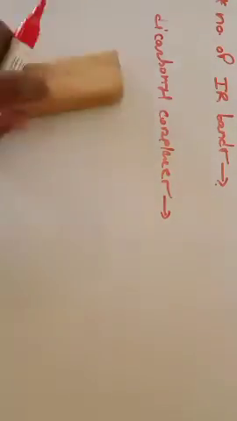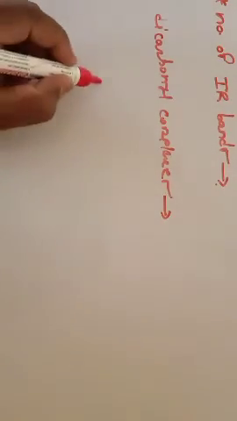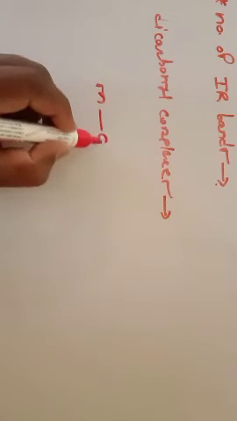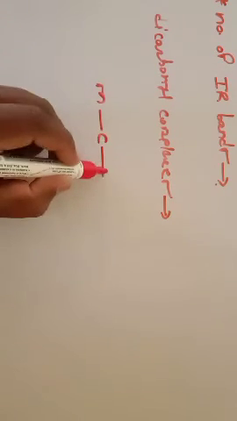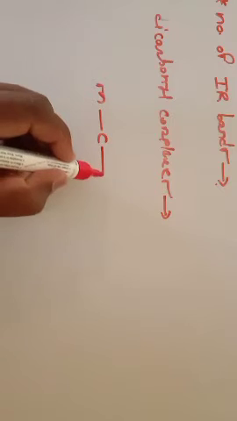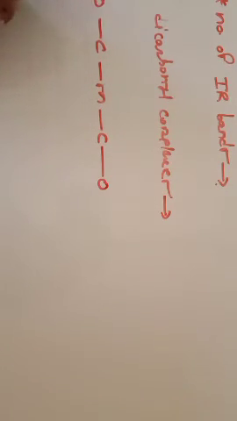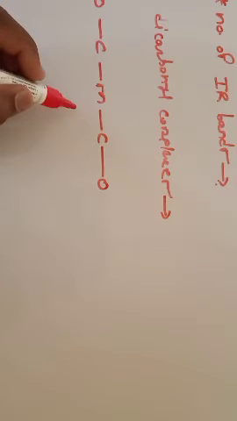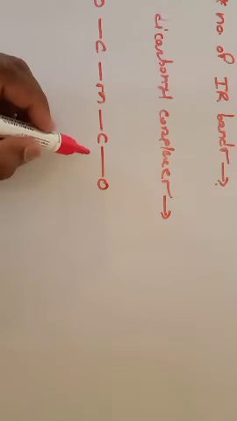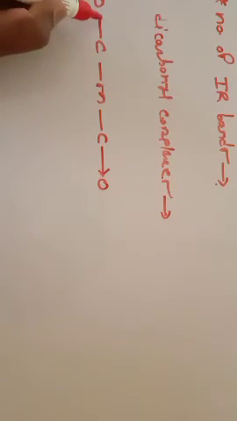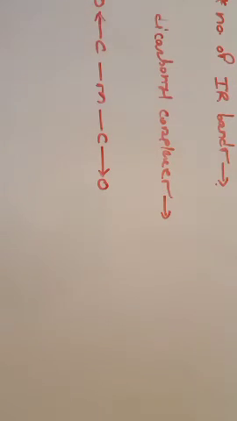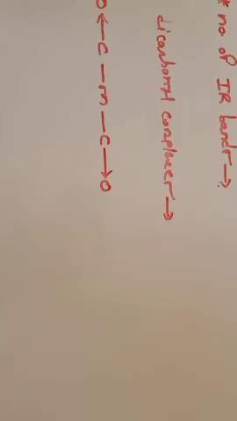If you consider the first one, this is your metal, and these are carbonyls, and there is a symmetric stretching. We know that oxygen is more electronegative as compared to carbon, and the bond gets stretched, and this is a symmetric stretching.